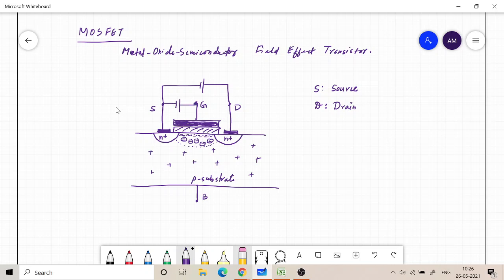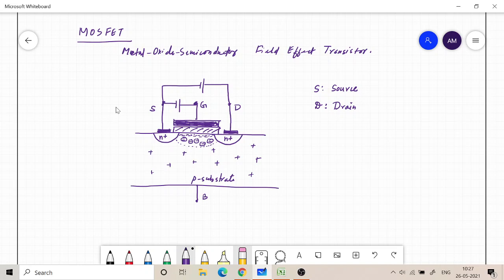Okay, so there is a slight difference. We are not applying gate voltage with respect to bulk, we are applying it with respect to source. All voltages are applied with respect to source. Source is kept as the reference, not the bulk, but it is usually the practice.